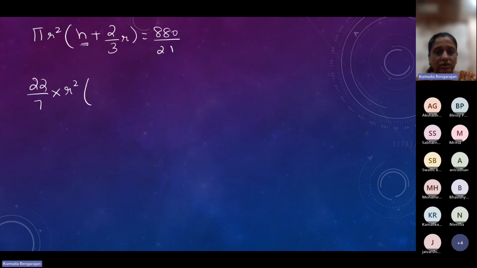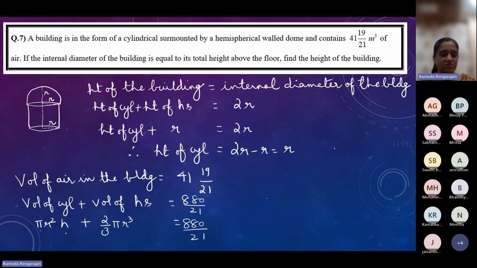It's the height of the cylinder. H is not the height of the building. H is from the volume of the cylinder, pi R square H, the height of the cylinder. So the height of the cylinder is here, R.